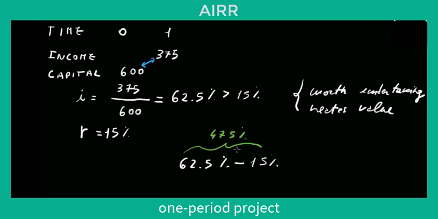So this project consists in investing $600 at an excess return rate of 47.5%. This net gain is generated in one period.